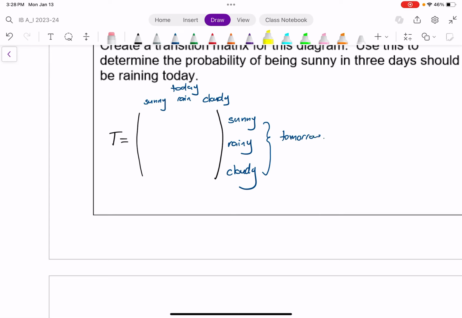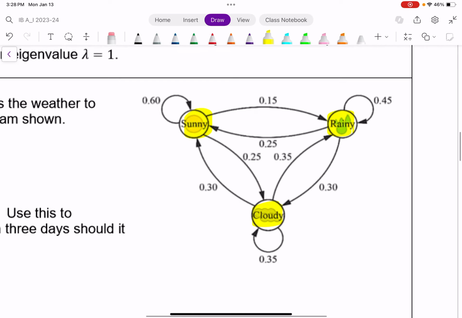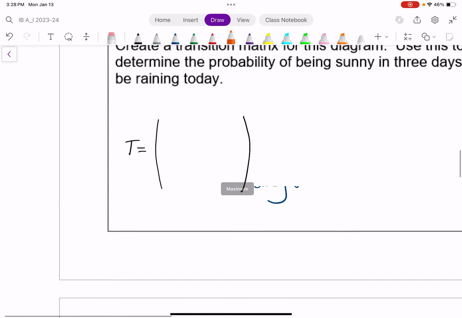Now, right here, this represents the probability that if it's sunny today, it'll be sunny tomorrow. I look right here: if it's sunny today, the probability that it'll be sunny tomorrow is 60% or 0.6.